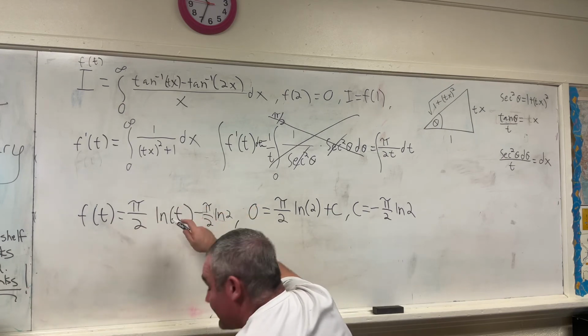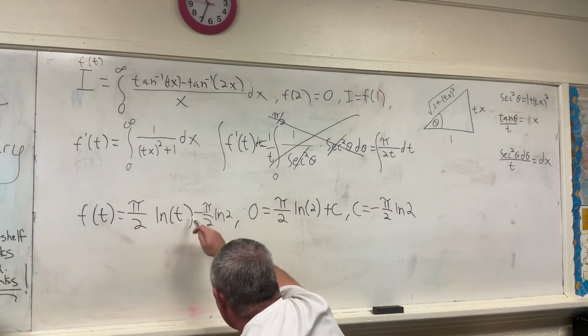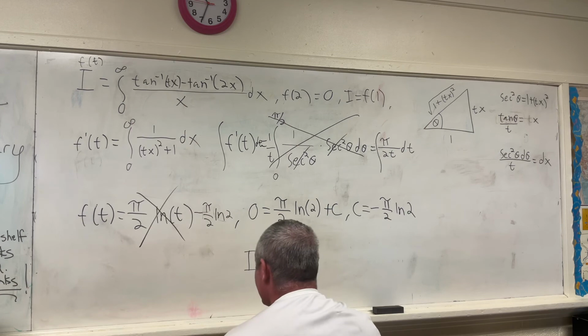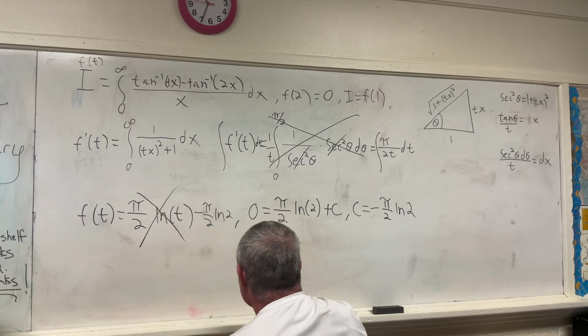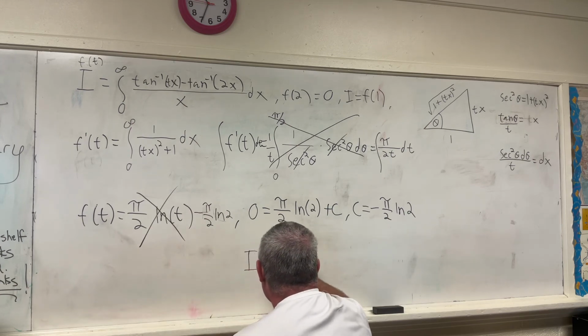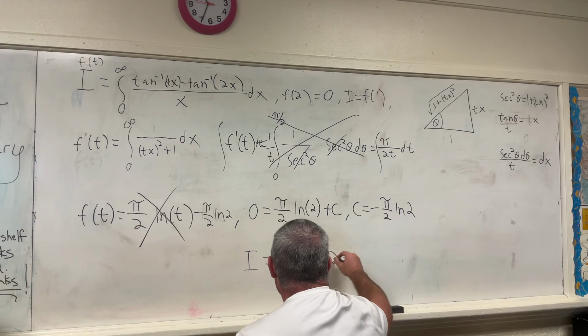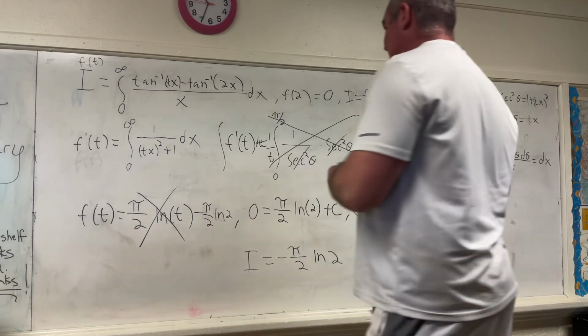If you plug in 1 for t, this whole thing goes away because natural log of 1 is 0. So we just have I being equal to negative pi over 2 times the natural log of 2. And that's it.